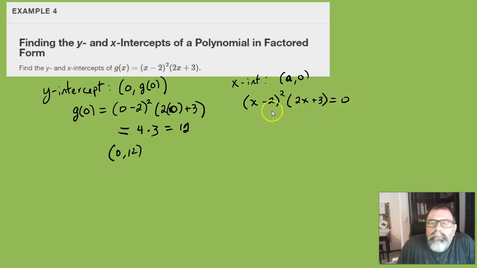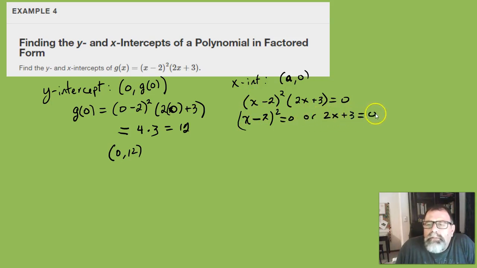Equal to 0, and we're going to set each of these factors equal to 0. You don't have to worry about the square, because if you set 2x plus 3 equal to 0 and square root both sides, I'll show you.